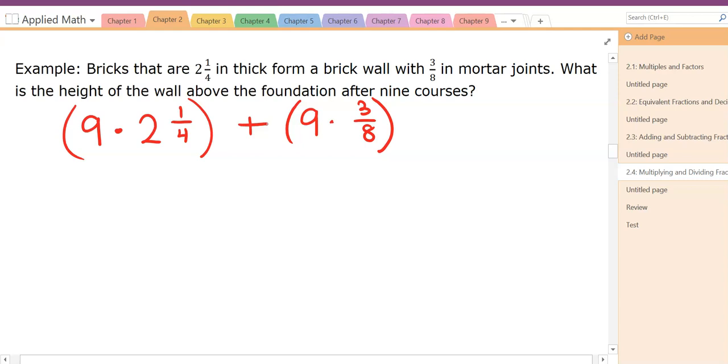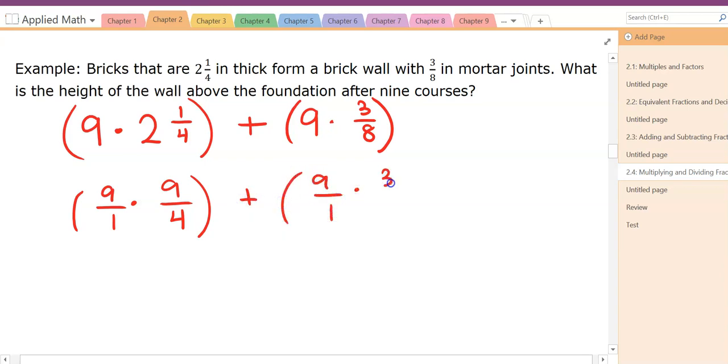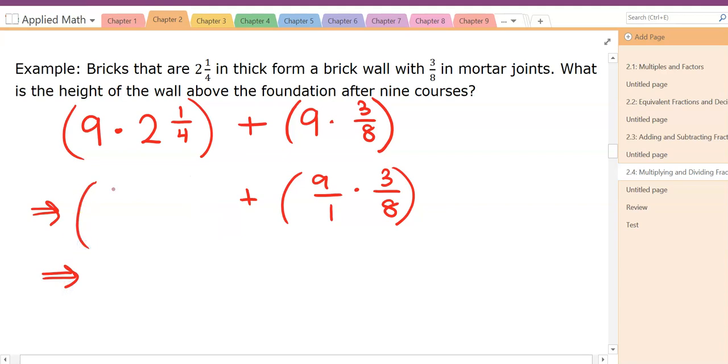So what would be 2 1/4 as an improper fraction? Okay, so my first problem is going to say 9/1 times 9/4 plus 9/1 times 3/8. So what's going to be 9/1 times 9/4? Good, so 81/4 plus, what's the second one going to say?